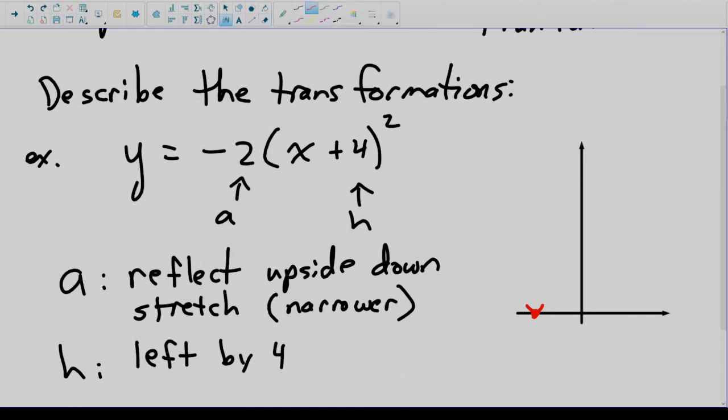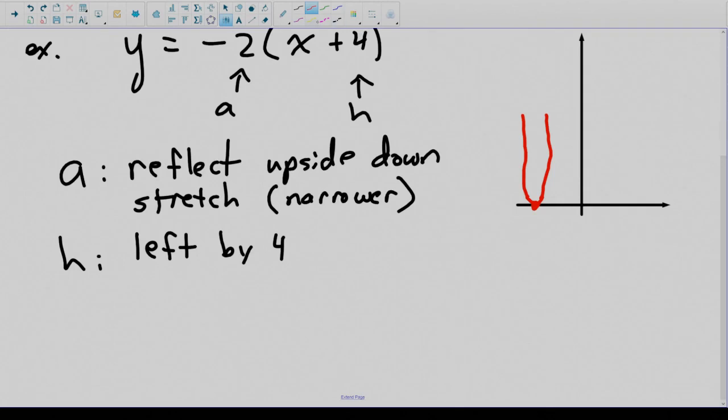Let me try to exaggerate that a little bit. So I'm just going to exaggerate it so you can see that I'm drawing it narrower, okay? Where the regular parabola would be a little bit more wide like that. And it's upside down. So my final one would look like that.